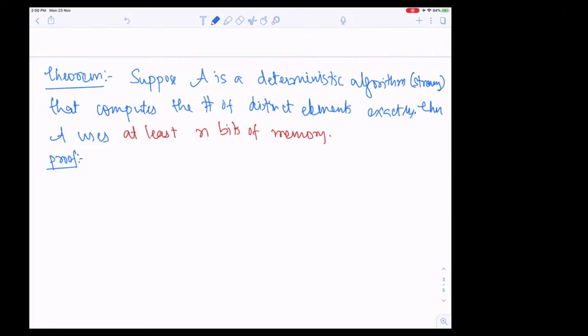We only keep an element if it is distinct, for example. So you could have a min of m log n and n log n, some such thing, right? But as you just pointed out, at least for an insertion-only stream, this n bits of memory in the exact and deterministic setting is tight. Okay, any other question?